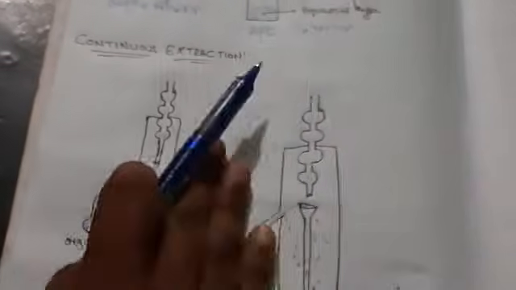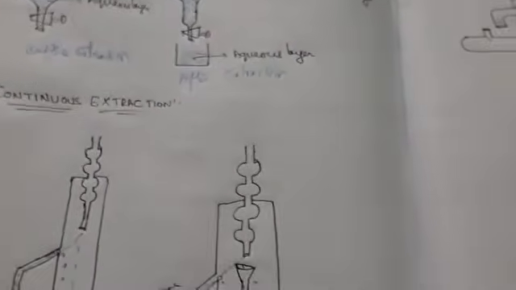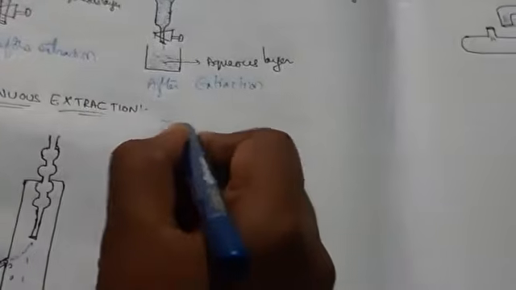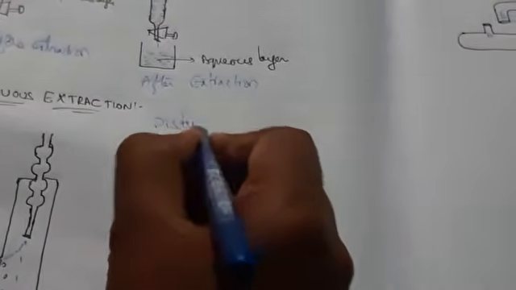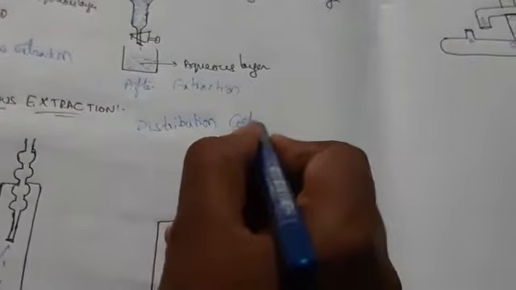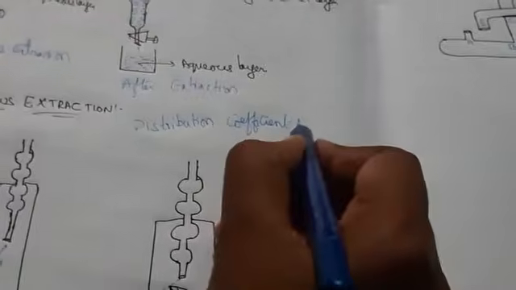Next technique is continuous extraction. Continuous extraction is used when the distribution coefficient is low.